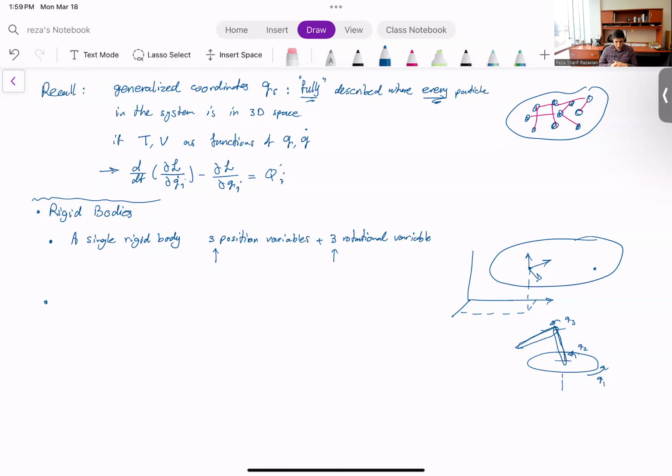Let's call this a system of rigid bodies. I just need to write my T and V and consider it in Lagrangian in functions of Q and Q dot. If I can do that, I'm set.